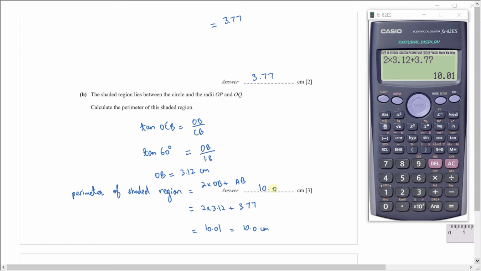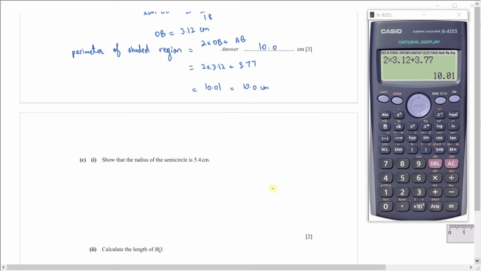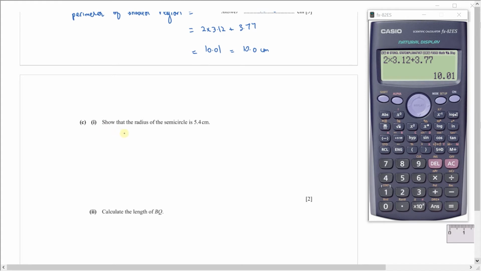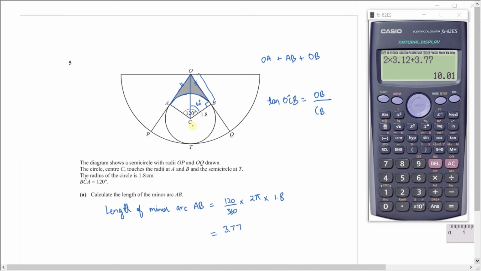10.0. Part C1 is show that the radius of the semicircle is 5.4. So what is the radius of the semicircle? The radius is this length OP or this full length OQ. This is the radius of the semicircle. Also, if I extend this OC up to this point T, like this, now OT is also the radius of this big semicircle.